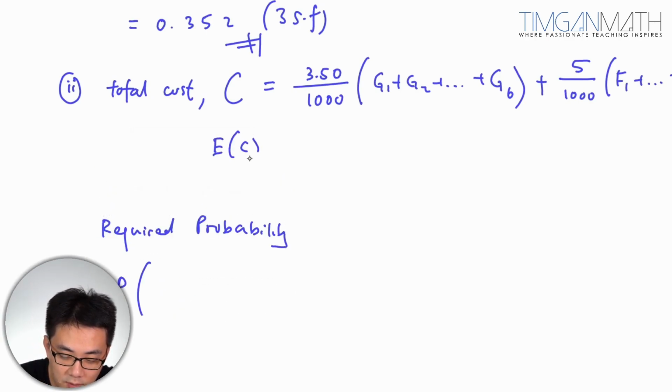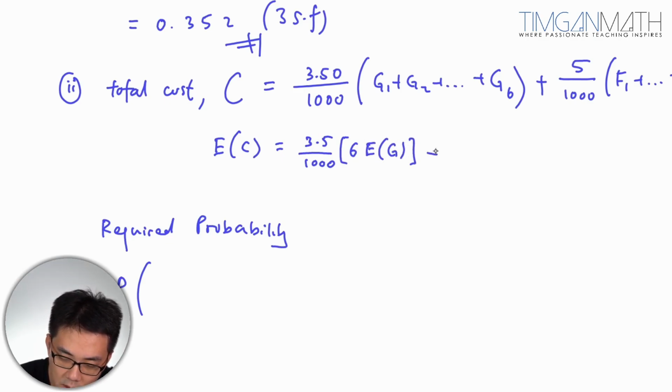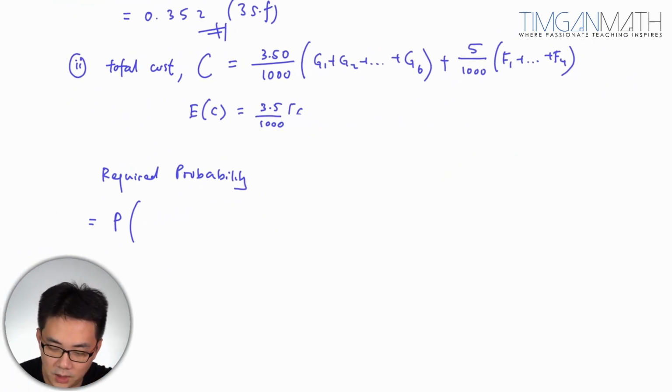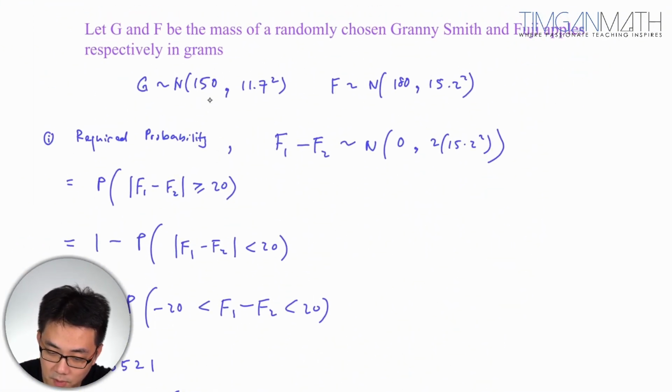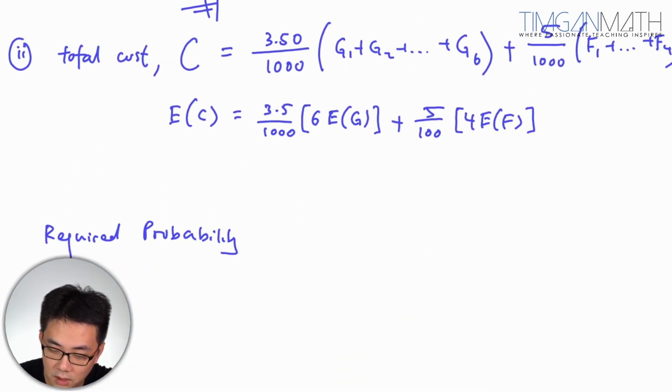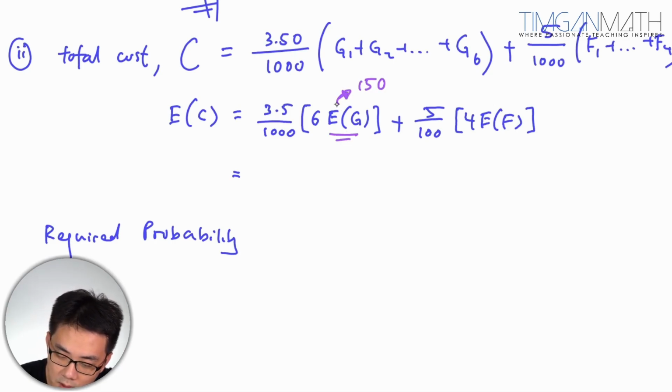Alright, so what you're going to do next is actually find the expectation, and the expectation of C is pretty straightforward. It's just 3.5 over 1000 times 6 EG, plus 5 over 1000 times 4 EF. So for the total cost, EG here is 150, and the mean for F is 180.